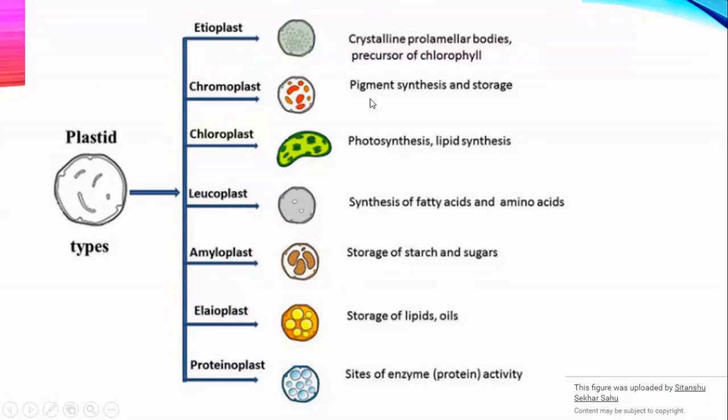Chromoplasts synthesize and store pigments. Chloroplast: chromo is pigment synthesis, chloro is photosynthesis, and lipid synthesis. Leucoplasts synthesize fatty acids and amino acids. Amyloplasts store starch and sugar. Elaioplasts store lipids and oils.